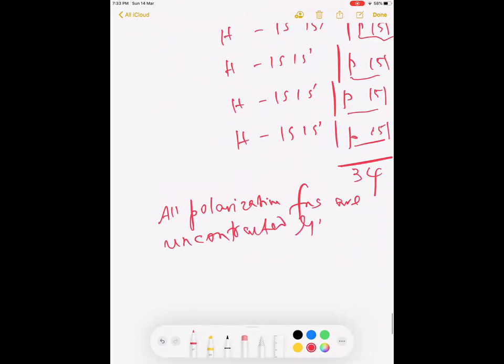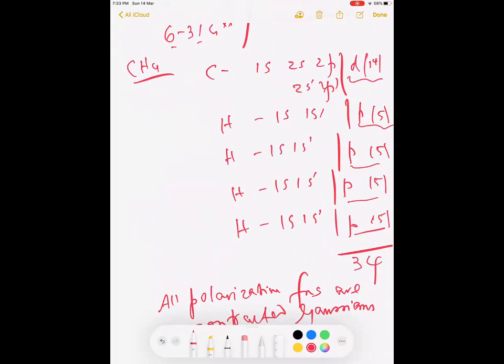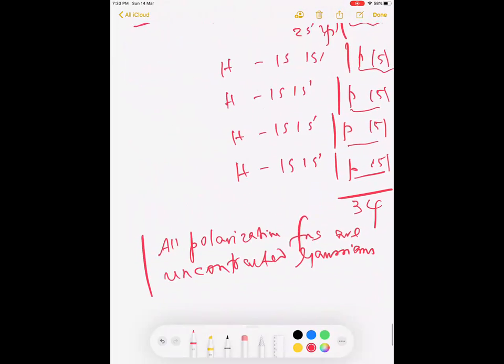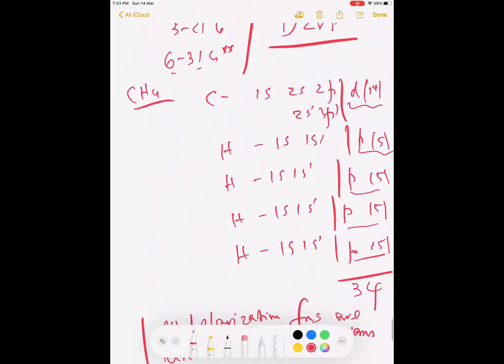Gaussian means I have to define the exponent. Uncontracted Gaussians on that particular atom. The center is carbon, so some values are there. Those are all given. So there are tables of all the exponents, the zeta values. But basically it means uncontracted, one Gaussian, for all the polarization functions. So it's very simple, and I don't need to do anything to indicate the number of Gaussians.